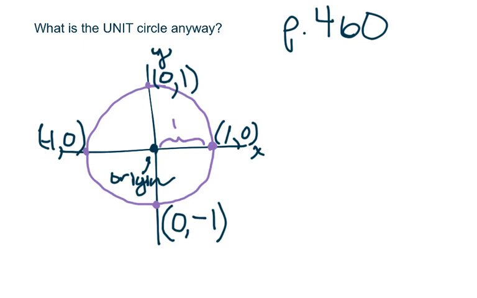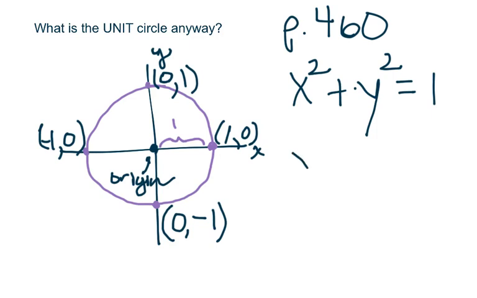Okay, there's one last thing I'd like to talk to you about. If you want to know the equation of this circle, let's say you wanted to graph it on a calculator, the actual equation of the circle is x squared plus y squared equals 1. If you want to put it into your graphing calculator, it has to look like y equals the square root of 1 minus x squared.